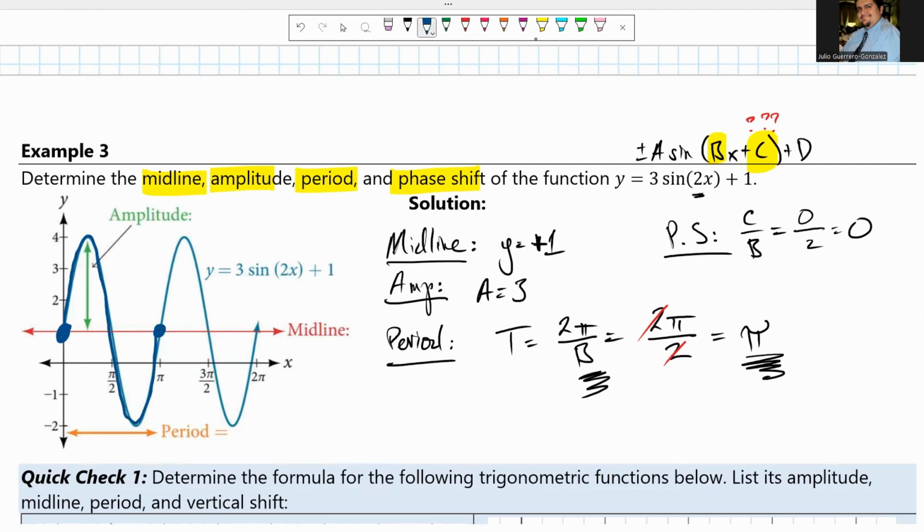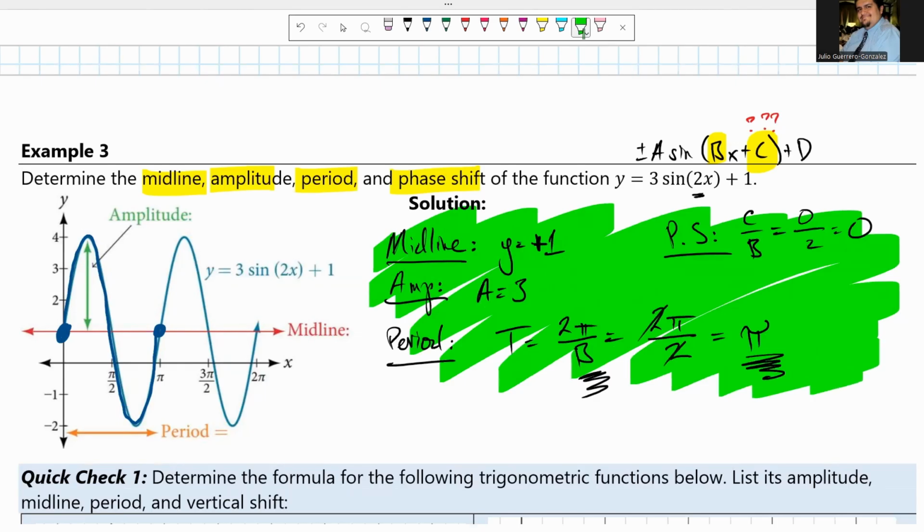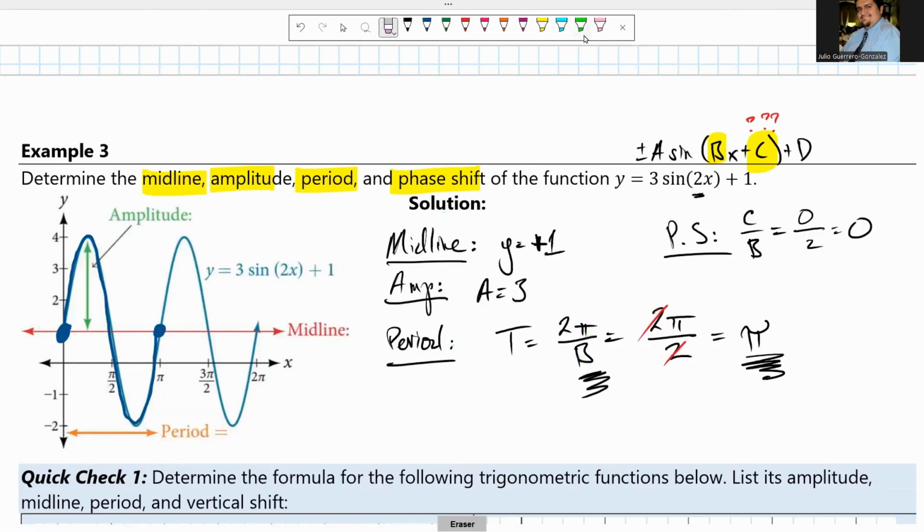Hopefully you guys see that all 4 of these things show up visually in the graph of this function itself. That's really what I want everybody to pick up on. Yes, we can grab all of this and throw it into Desmos, and it'll give us a picture.